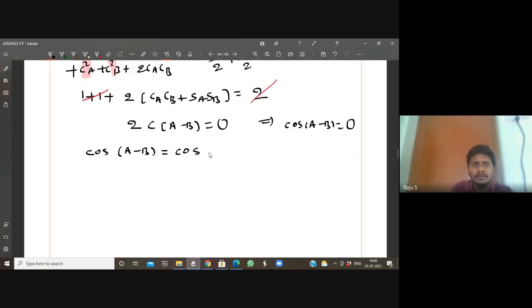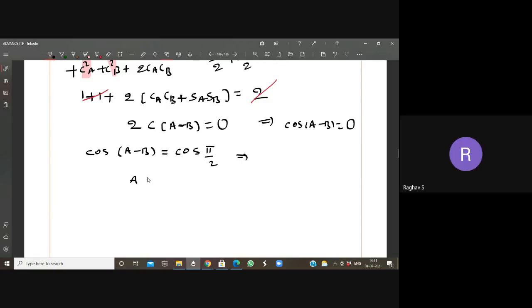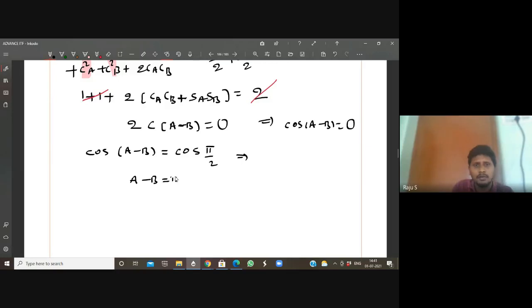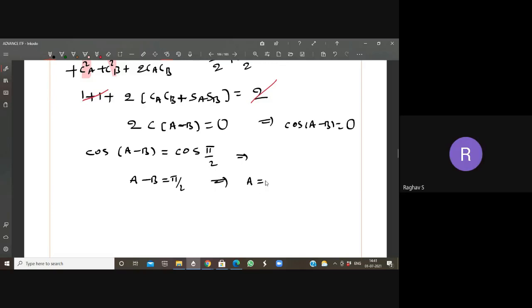A minus B is 90 degrees, pi by 2. Don't get confused here: whenever it is plus in between cos A cos B and sin A sin B, cos of A minus B, but for cos A cos B minus sin A sin B it is cos of A plus B. So A minus B is equal to pi by 2, which implies A is equal to pi by 2 plus B. And what condition is there?